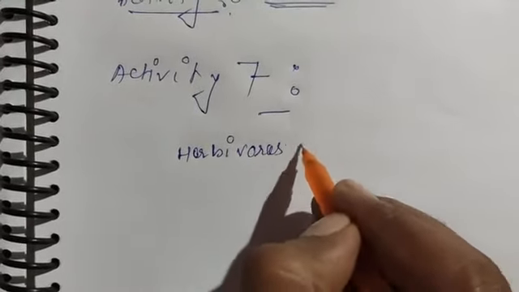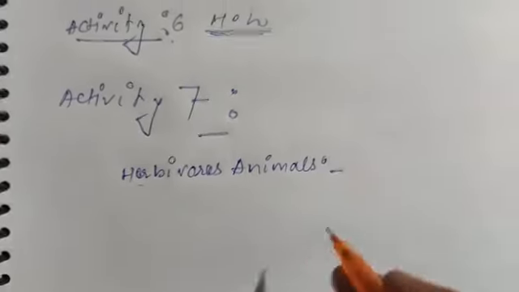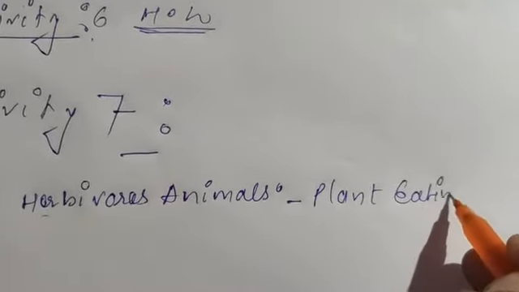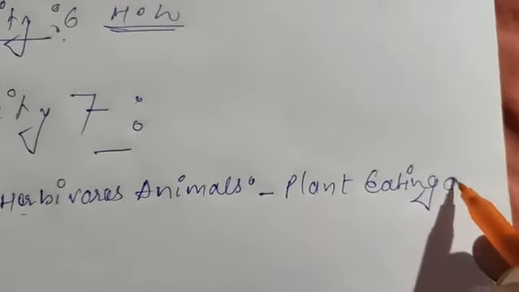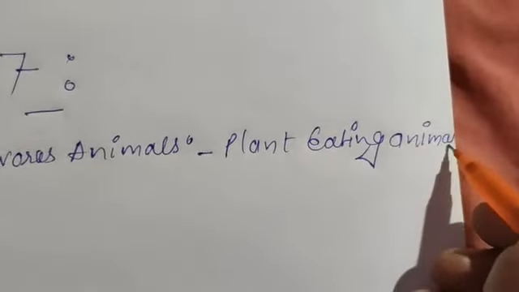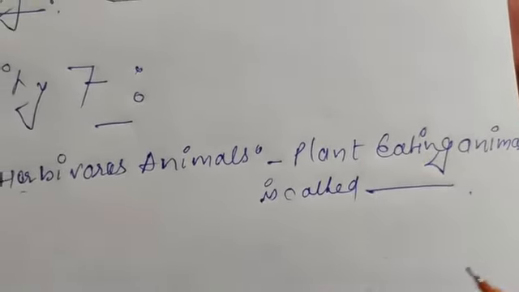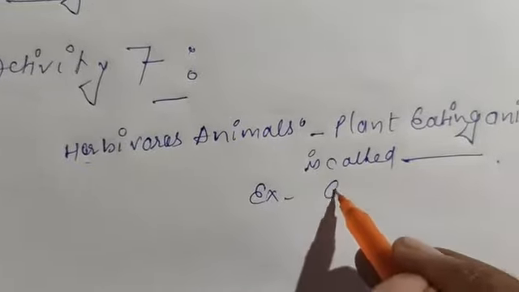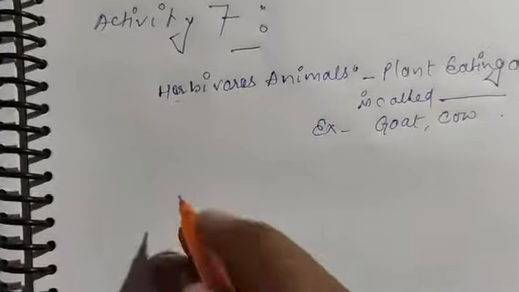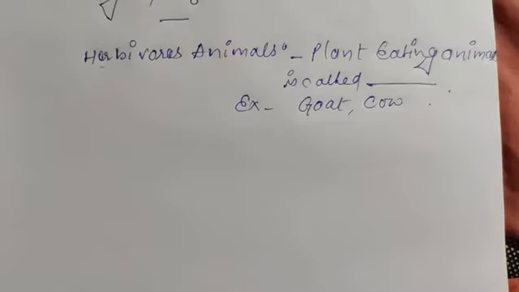First, herbivorous animals. Plant eating animals are called herbivorous animals. Examples: goat, cow, etc. Now we talk about carnivorous animals.